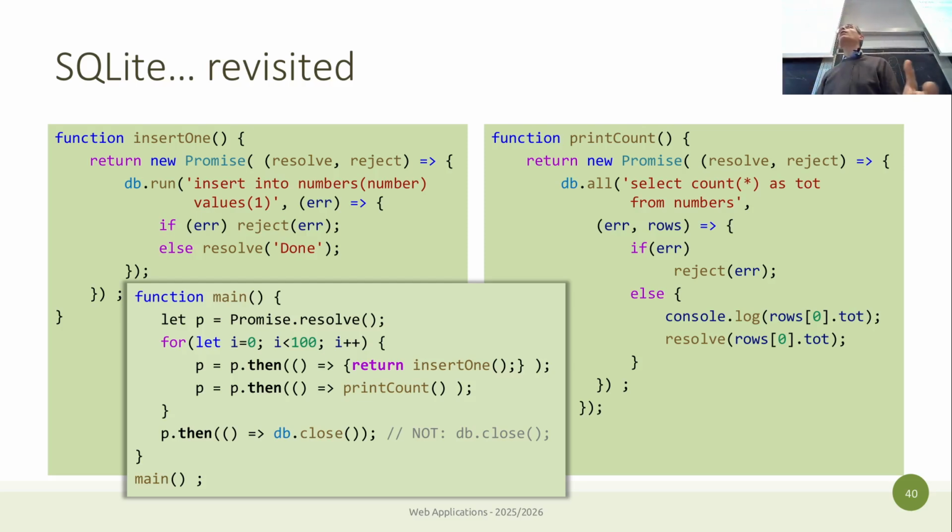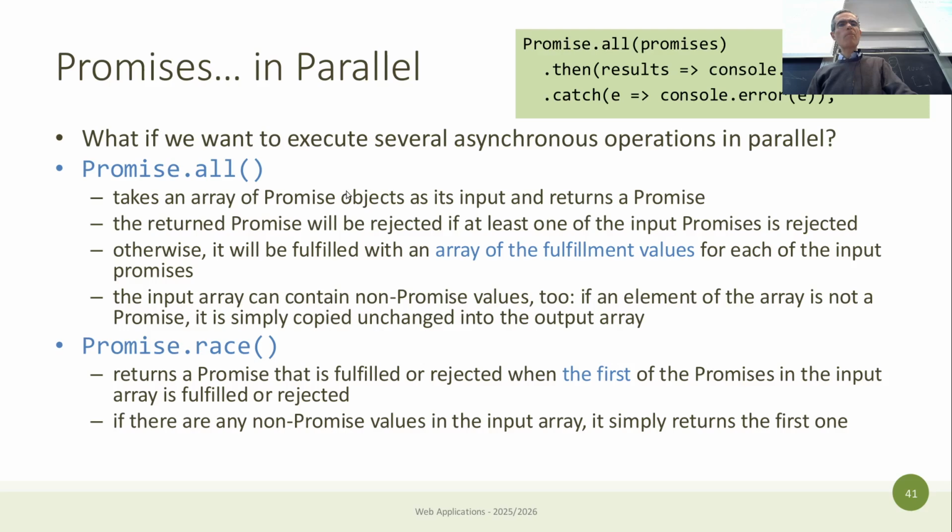Because of course, if there are errors, we need to decide how to handle these errors, okay? Note that also the DB close that we have at the end is something that needs to wait until all the other operations have been finished, okay? So it has to be put into a then, the last then in the chain.